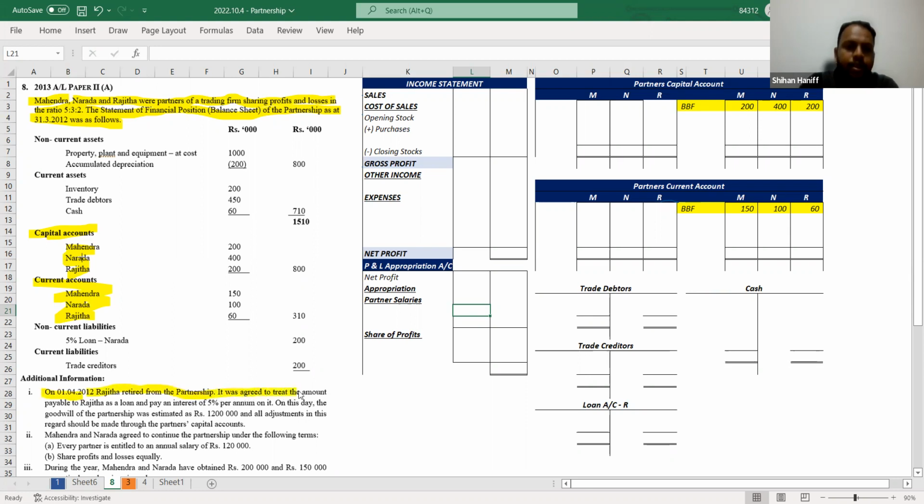It was agreed to treat the amount payable to Rajitha as a loan and pay an interest of 5% per annum on it. On this day, the goodwill of the partnership was estimated as 1.2 million, and all the adjustments in this regard should be made through the partner's capital account.